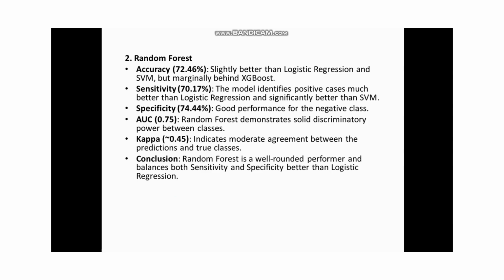So the conclusion for this particular model is that random forest is a well-rounded performer and balances both sensitivity and specificity better than logistic regression. The essence of doing all this modeling is to get the model that is the better fit for our data. That model would be what we would use to predict type 2 diabetes.